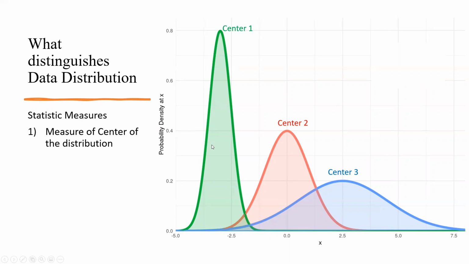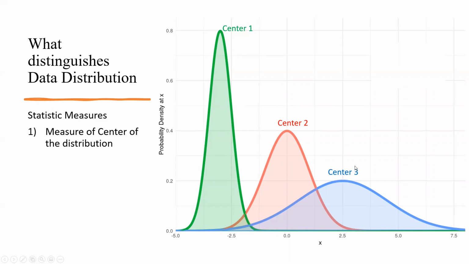So for example, because of the symmetric nature of this particular type of distribution, the centermost peak value will be called the center, and this particular 0 will be called the center for the distribution in red, and likewise. So that is one thing that separates each of those distributions.